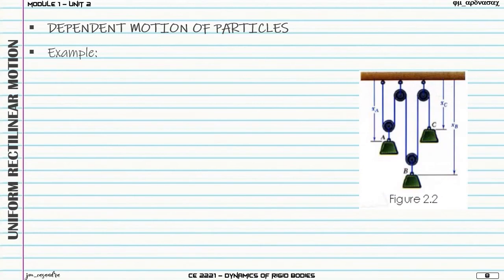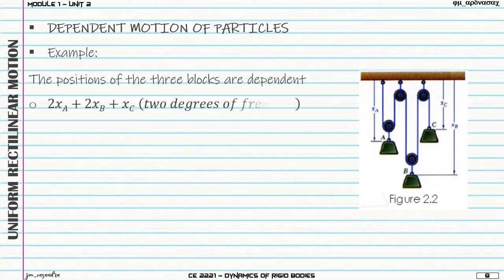So another example for dependent motion. Let's take into consideration the blocks of figure 2.2. From the figure, we could see that the positions of the three blocks are dependent on each other. So in this figure, we are now given 2 degrees of freedom, and that will now be defined by the equation 2XA plus 2XB plus XC.